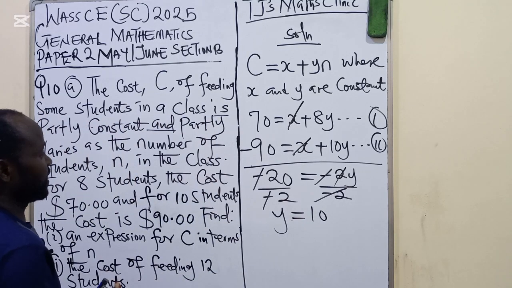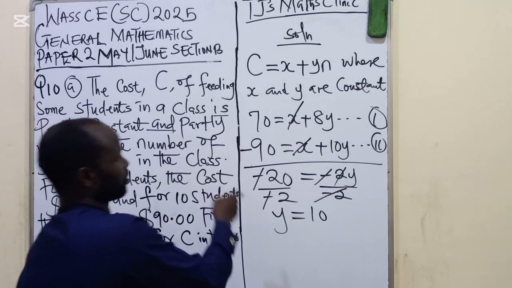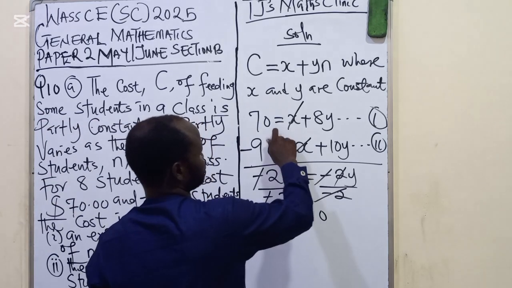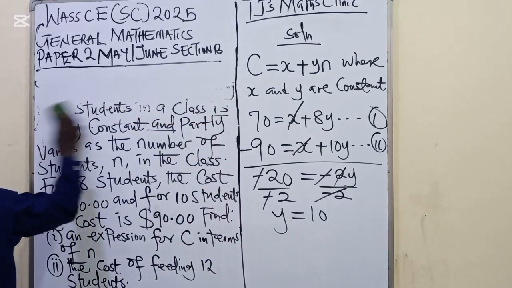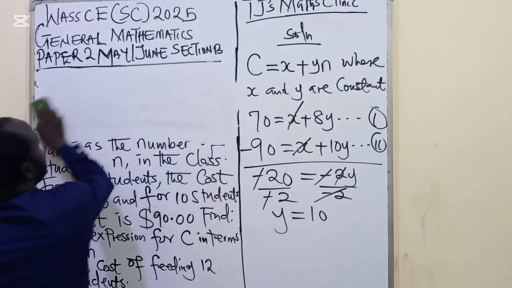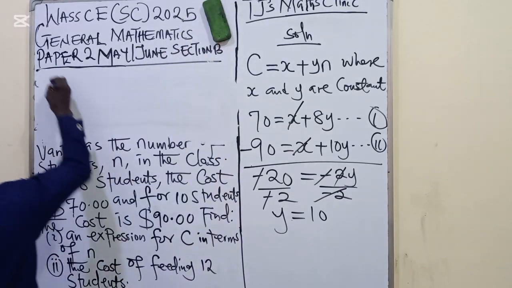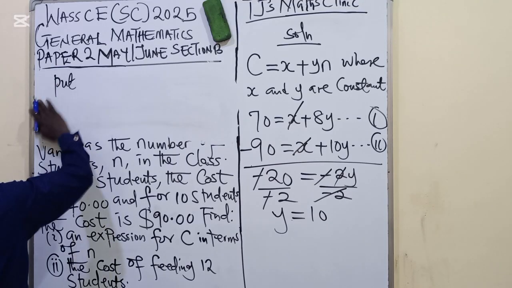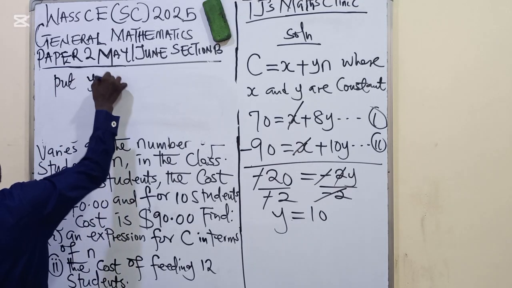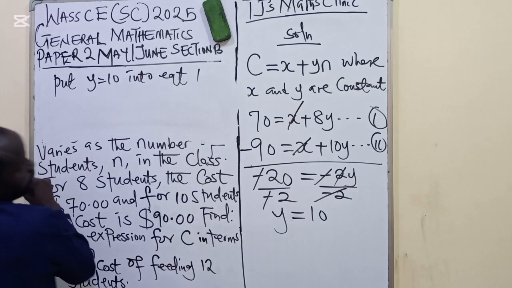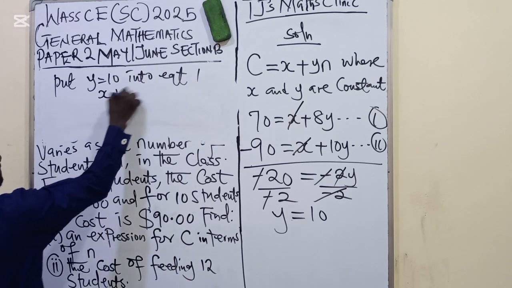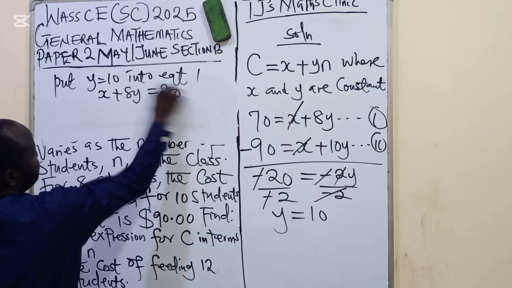We can easily find x. Let's plug this value of y into equation 1 and see what we'll have. Put y equals 10 into equation 1. Our equation 1 is x plus 8y equals 70.